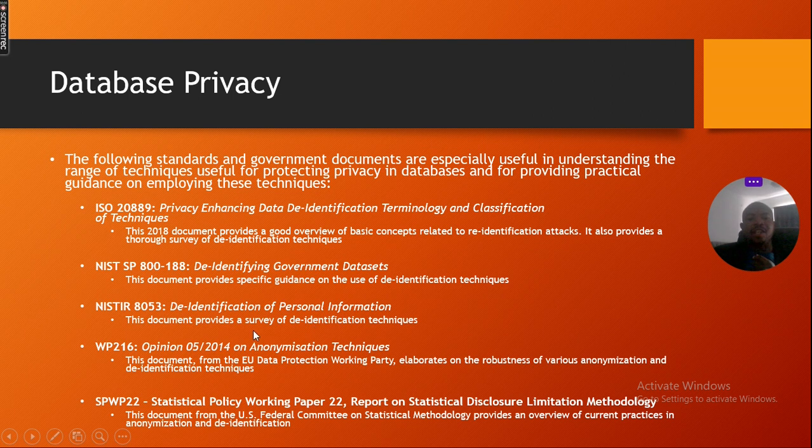This document provides specific guidance on the use of de-identification techniques, the different ways to carry out de-identification methodology. It describes different techniques for removing the personally identifiable information of the owners, or what you call the subject or principal, such as removing the names, the address, and the zip code from this set of data, creating what we call de-identification.